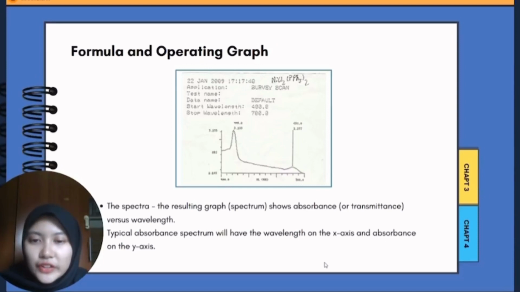So basically, UV-Vis spectroscopy utilizes the Beer-Lambert law to relate the absorbance to concentration and path length, with spectra displaying absorbance versus wavelength and a calibration curve aiding in the concentration determination.